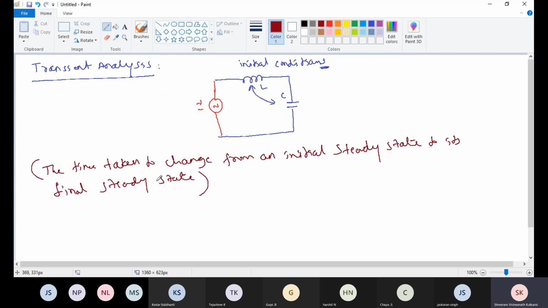What do you mean by transient period? The time taken to change from initial steady state to its final steady state.